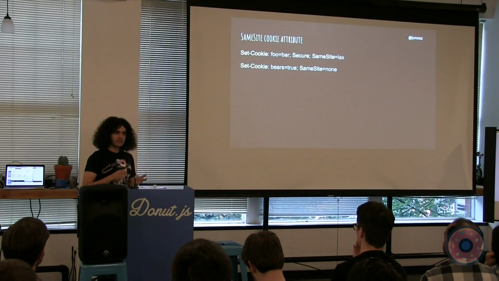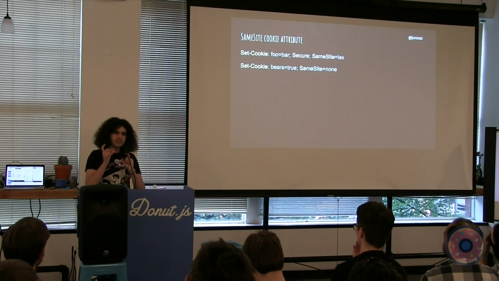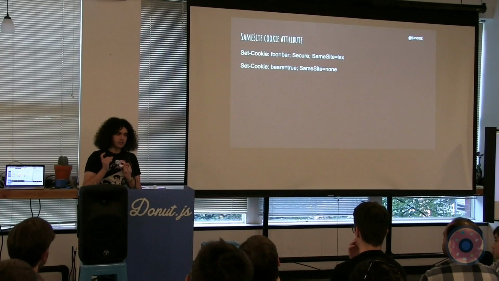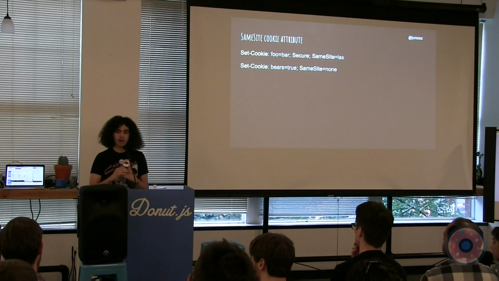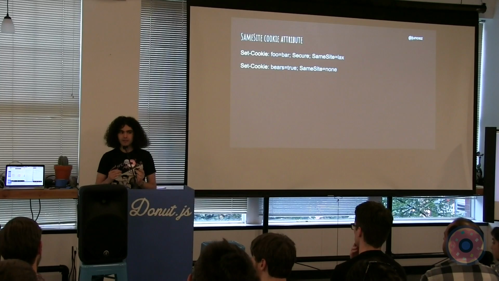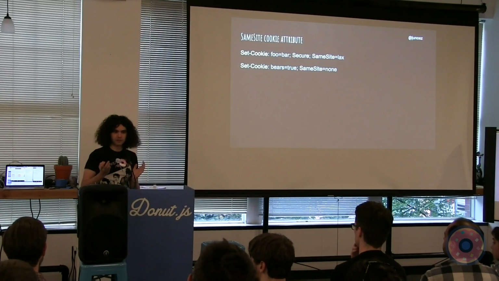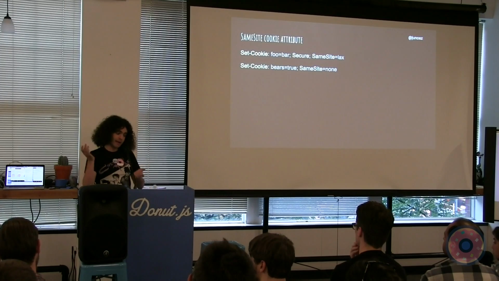The advantage of this is that because it's an explicit declarative attribute, it lets web browsers build user controls on top of this, rather than being heavy-handed and assuming that you want to block all third-party cookies, because most cookies are third-party cookies and the browser can't really make up its mind which ones are okay and which ones are bad.